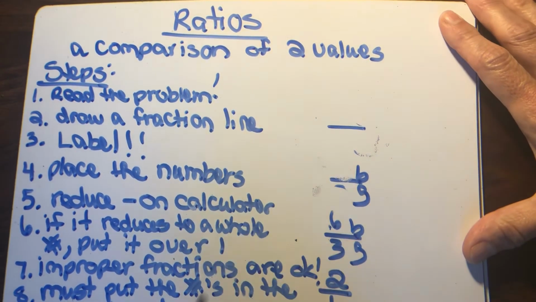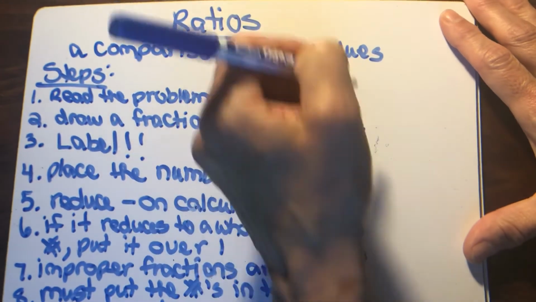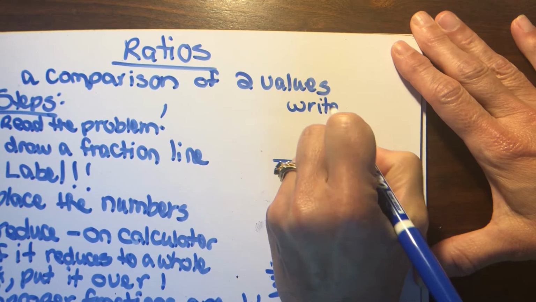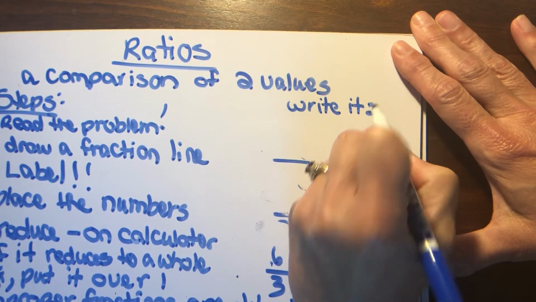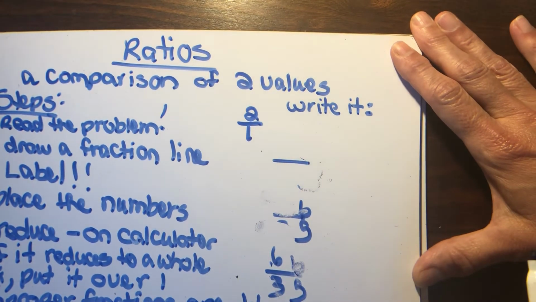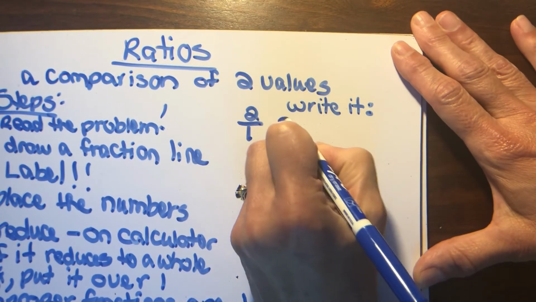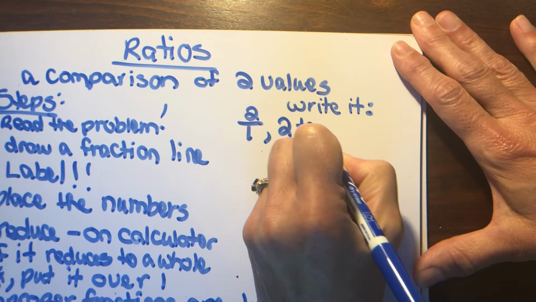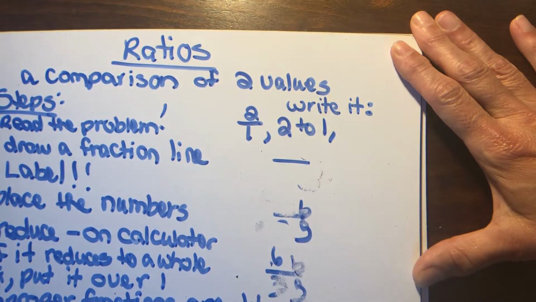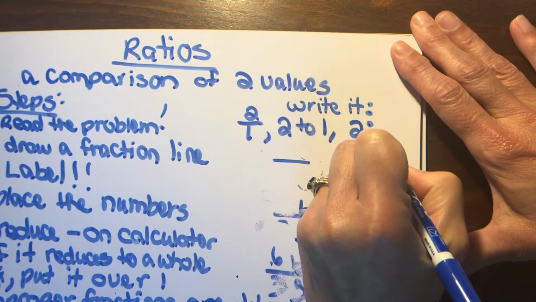Now, you can write it several ways. So I'm just going to come over here to the side and write. You can write it 2 to 1, and we say it 2 to 1. You can write it with the word TO, or you can write it 2:1.